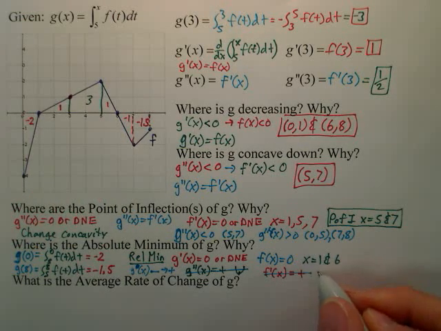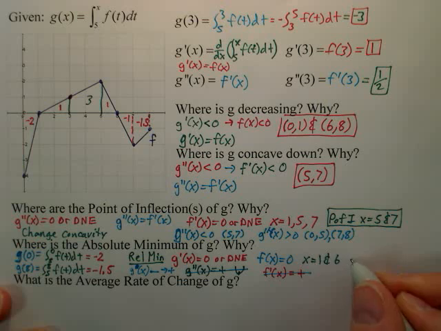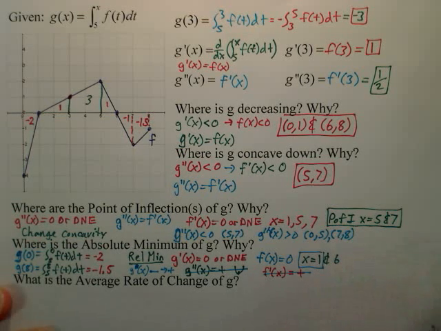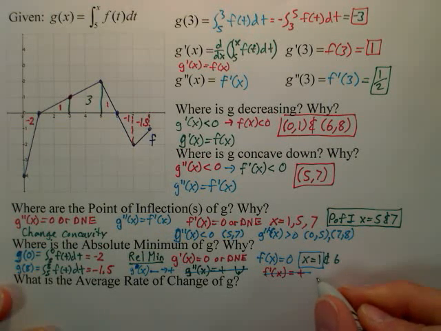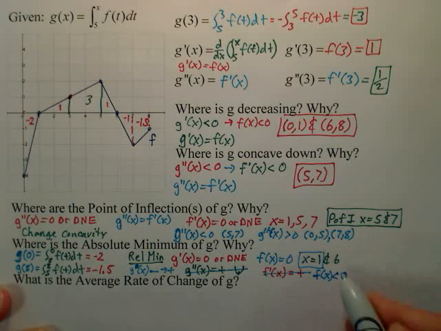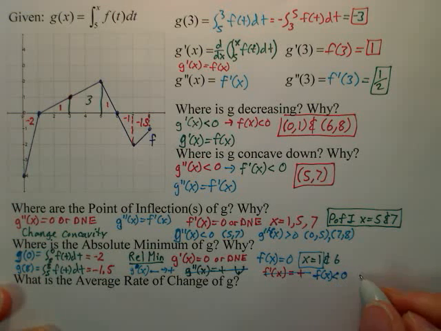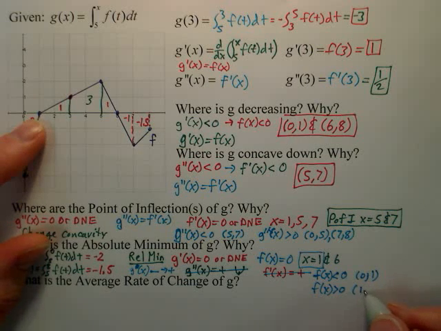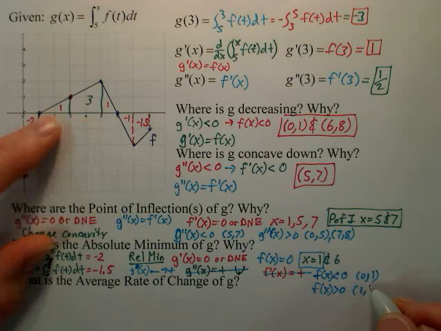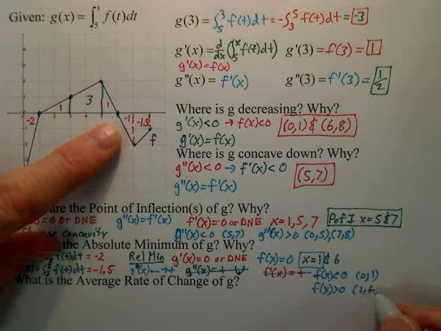The reason is that f of x is less than 0 on the interval 0 to 1, and f of x is greater than 0 on the interval 1 to 6.